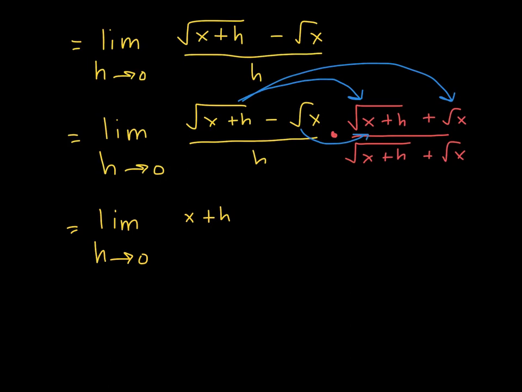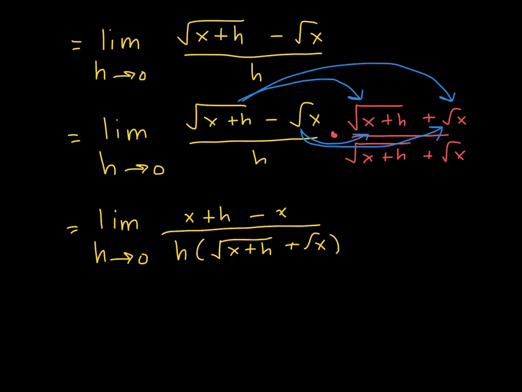Okay? And so all that's left is negative root x times positive root x, which is negative x. The denominator is h times the square root of x plus h plus the square root of x. Okay? In the numerator, x and negative x are opposites, so they cancel.